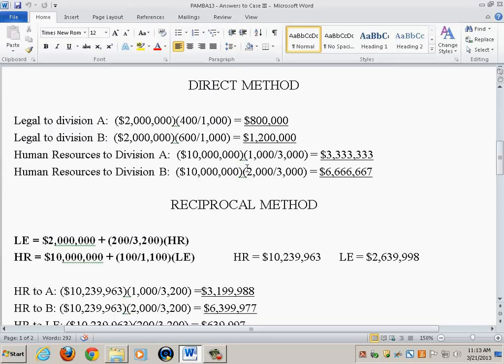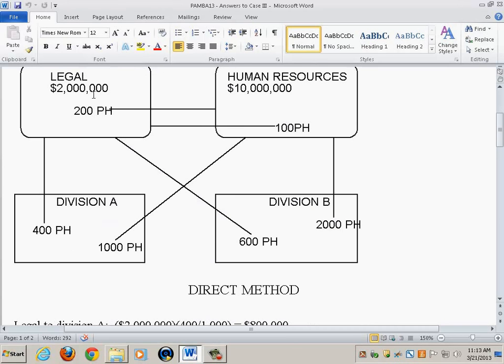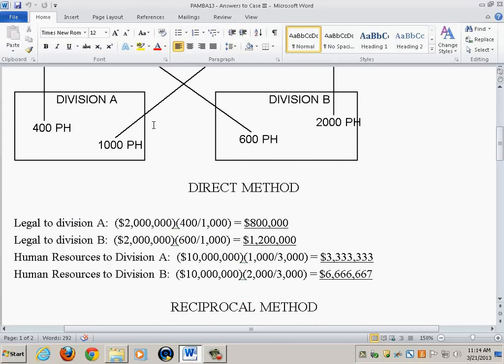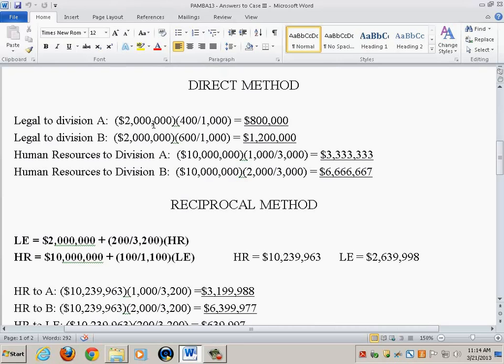The reciprocal method really wants to take into account the reciprocity between human resources and legal in the exchange of resources. And the exchange of resources occurs simultaneously, because legal renders legal services to human resources, and simultaneously in return human resources renders services to legal, and this exchange occurs simultaneously.